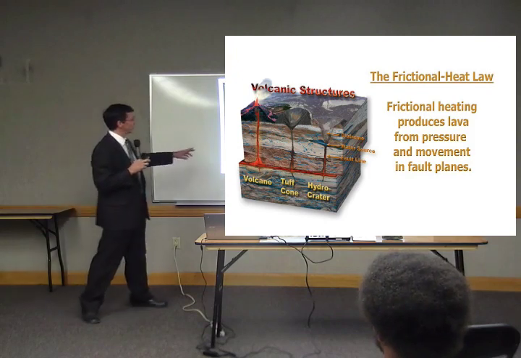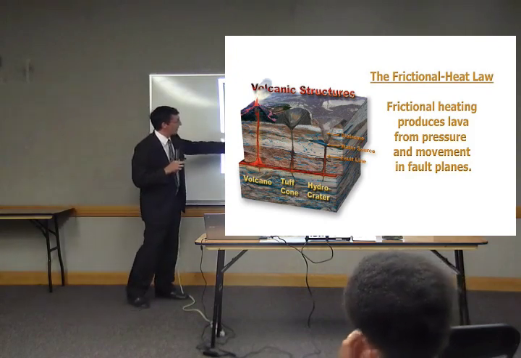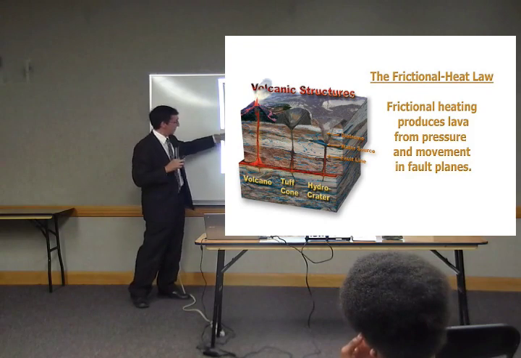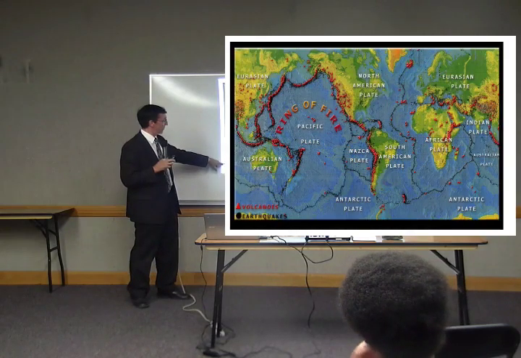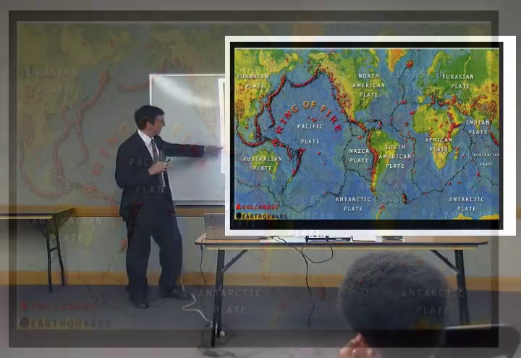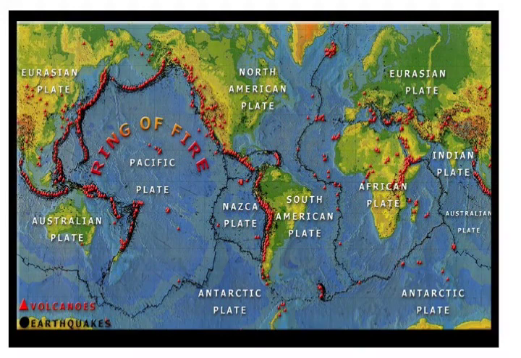So this is showing the ring of fire, and the red triangles are volcanoes. The black dots are earthquakes. This is actually not a black line; those are actually black dots. And if you notice, they're along the plate boundaries. That's where most of the earthquakes are happening, and it's also where most of the volcanoes are happening.